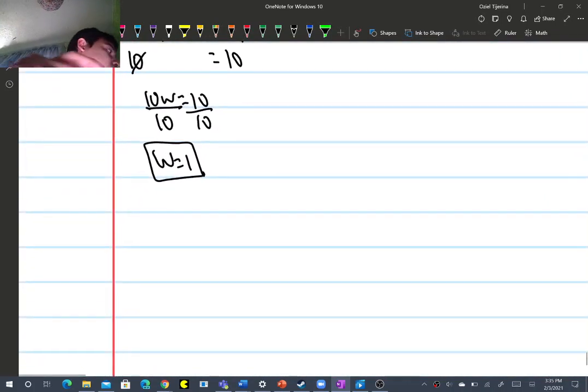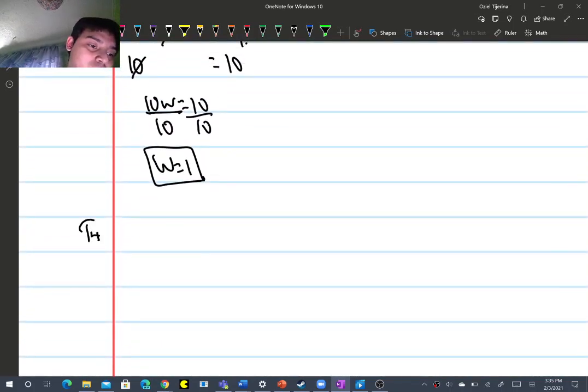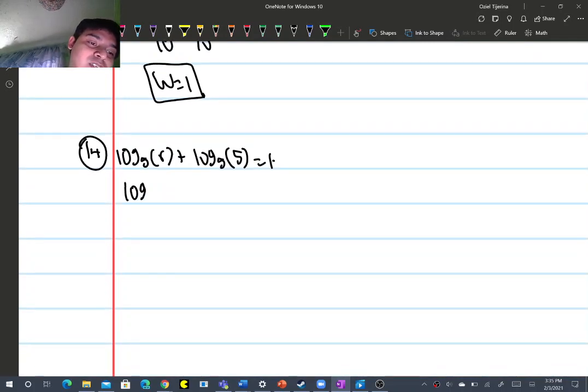If we do another one, we have number 14, which says log base 5 of r plus log base 5 of 5 equals 1. So that means that log base 5 of r, and notice that anytime we have log base b of b, that's just going to be 1. So this will be plus 1 equals 1.